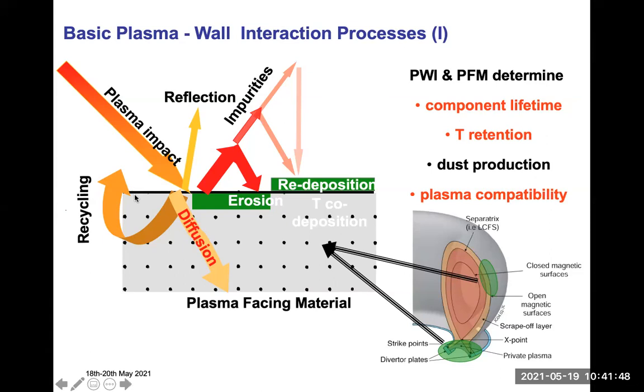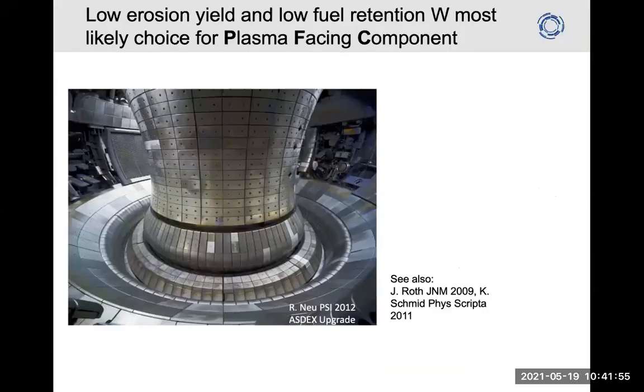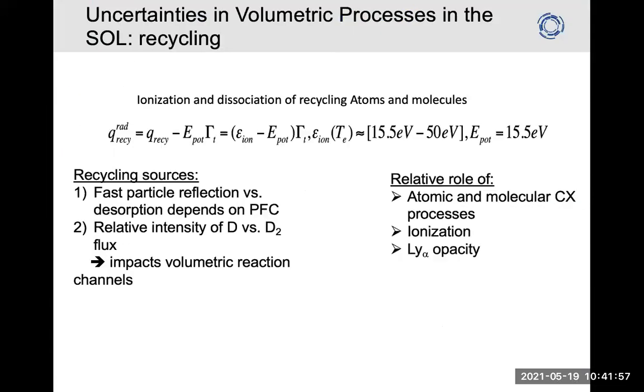So these neutrals, they go back to the plasma, and then they eat up energy in the process of being ionized. And this energy that is used to reionize them is essentially the potential energy that you need to ionize a particle times the particle flux.